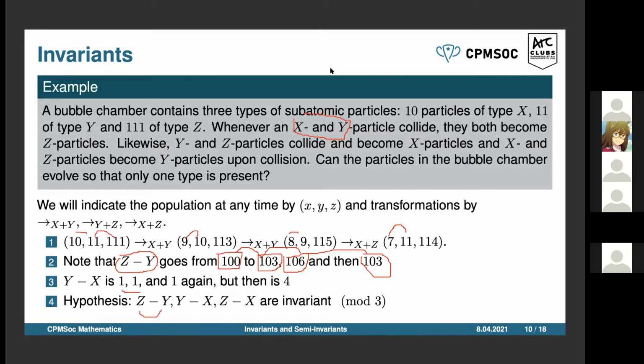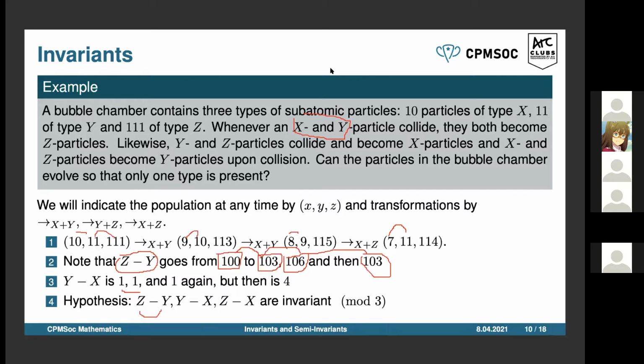What it means is z minus y is always going to be some fixed number plus a multiple of 3. So over here, z minus y is going to be 1 plus a multiple of 3. For example, 1 plus 99 is 100, and 1 plus 102 is 103, and so on.